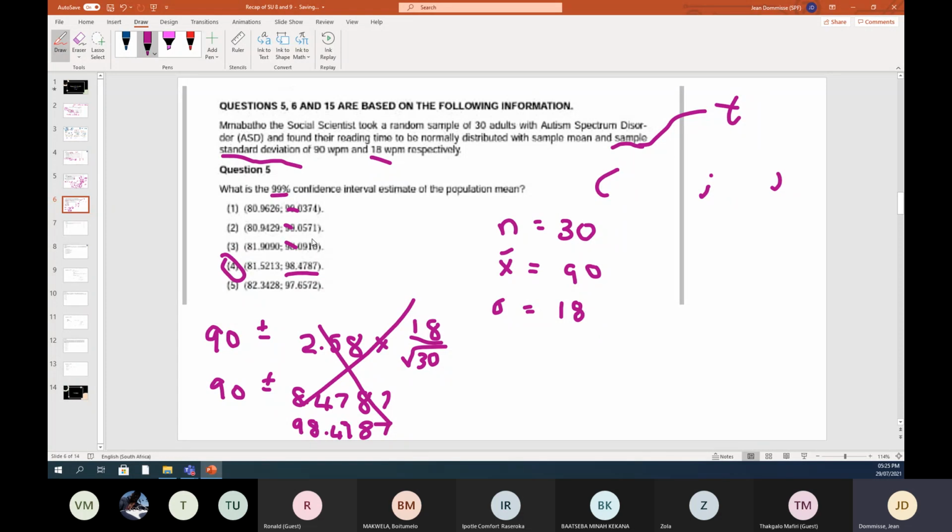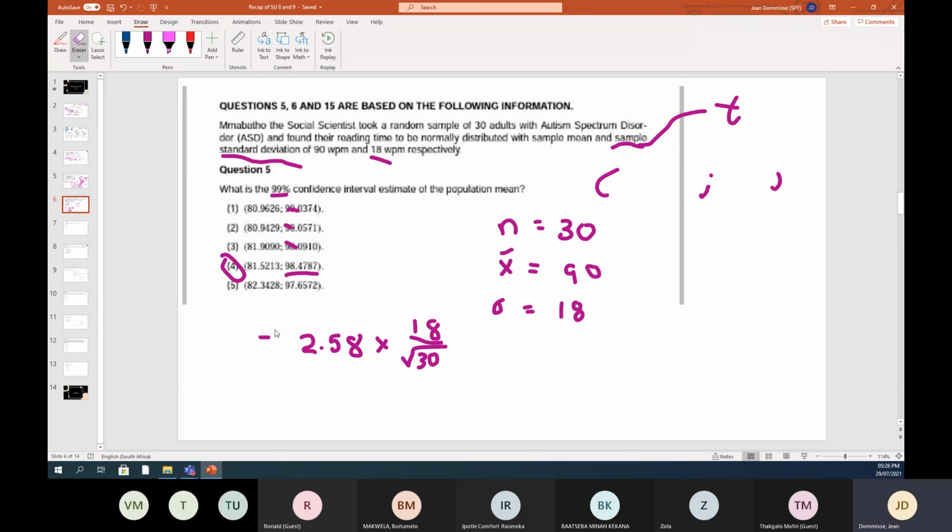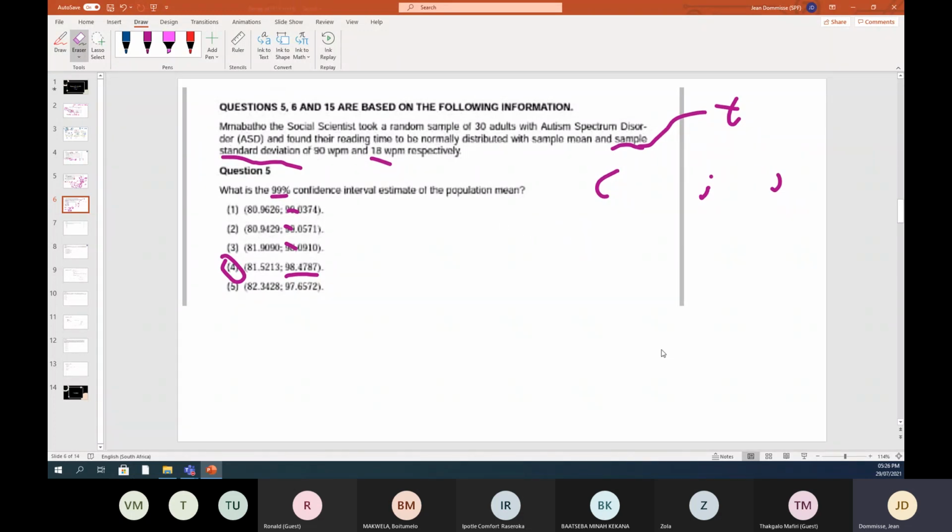Sample standard deviation means the population standard deviation is unknown, so we need to work with a t. Okay, so mistake here. And in my exam, I wouldn't have even looked twice at it.